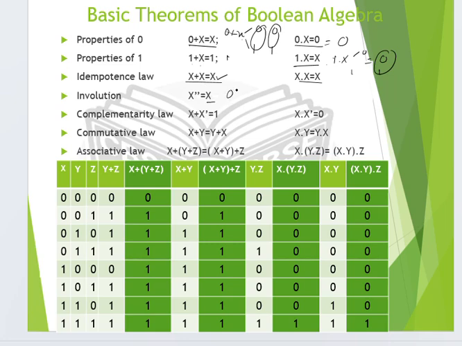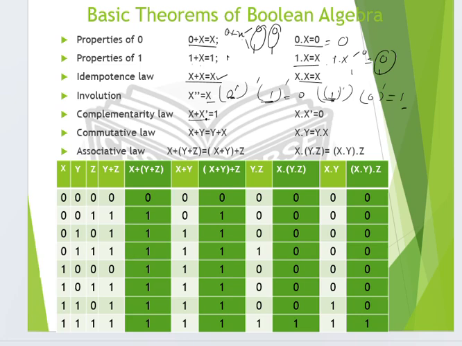Let's take an example. The complement of 0 will be 1 and the complement of 1 will be 0. Go the other way. The complement of 1 will be 0 and the complement of 0 will be 1. So it comes to the same one. If it is x, it gives you x only.